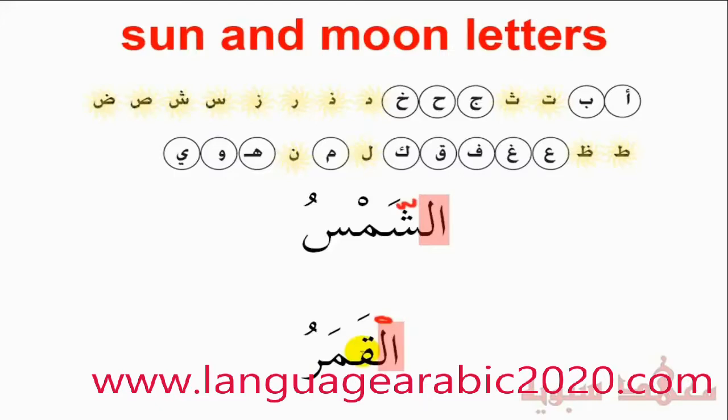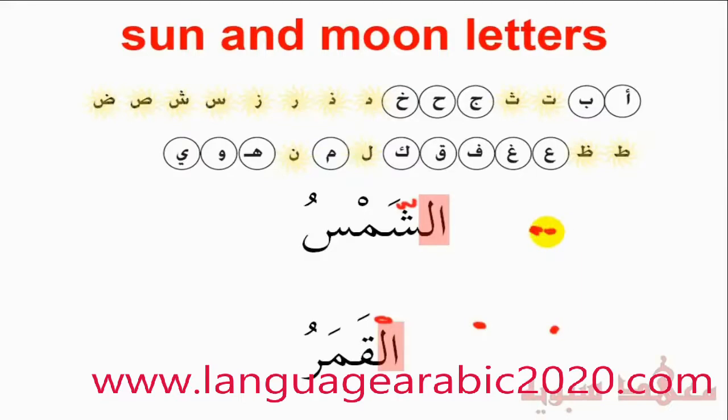Because of this distance, it's much smoother to say, because you're going from one articulation point to one that's further down. So it's Al-Qamar. However, with lam and the sheen, the lam is here and the sheen is right next to it. Al-Shams. It's actually hard on the tongue to say.